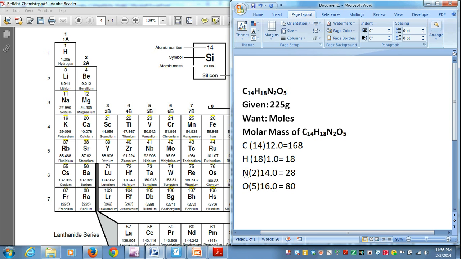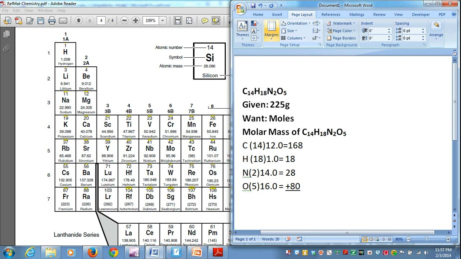And therefore, the next thing you're going to do is add all of these molar masses together. Once you add all of these together, it is going to be 168 plus 18 plus 28 plus 80.